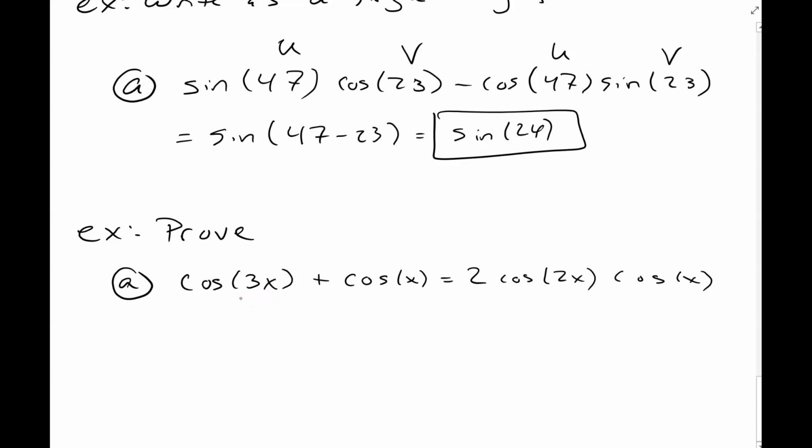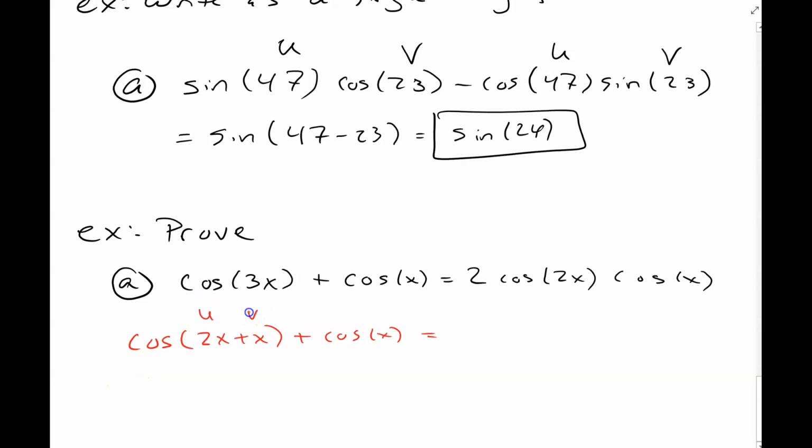So the first thing that I'm going to do is I need to get rid of that 3x there. The way I'm going to do that is I'm going to think about that as cosine of 2x plus x. Everybody okay with that? I'm now going to apply my angle sum formula for cosine.